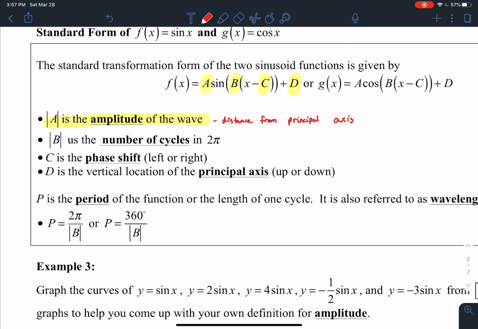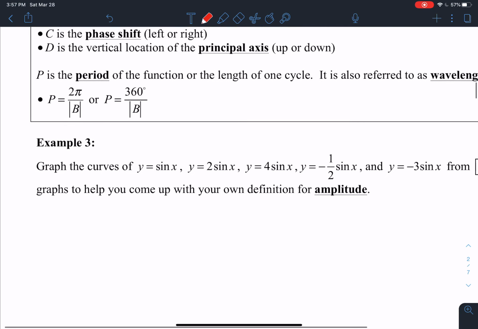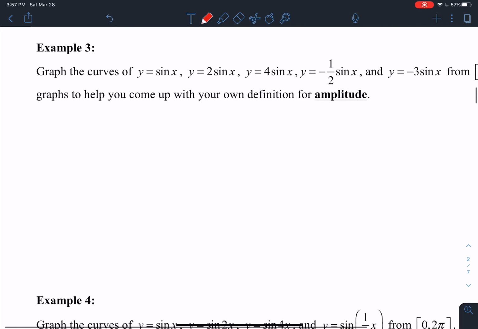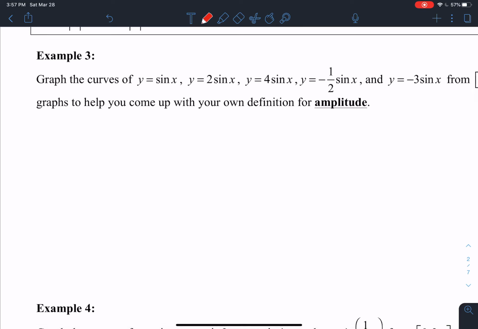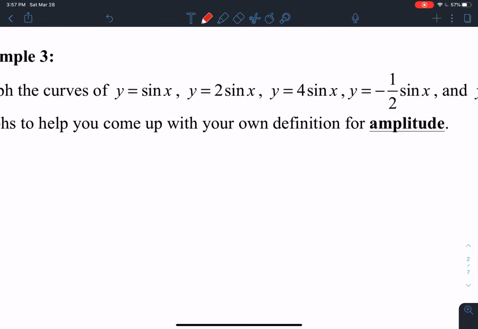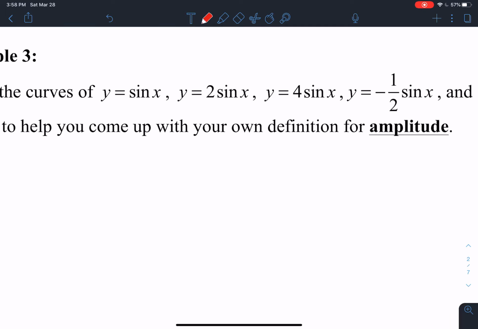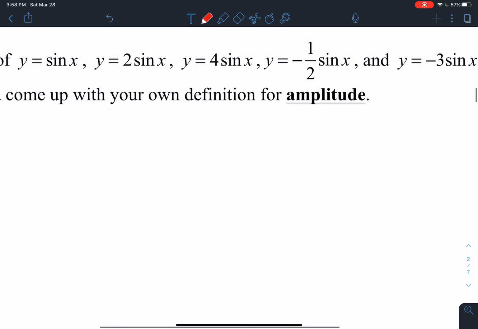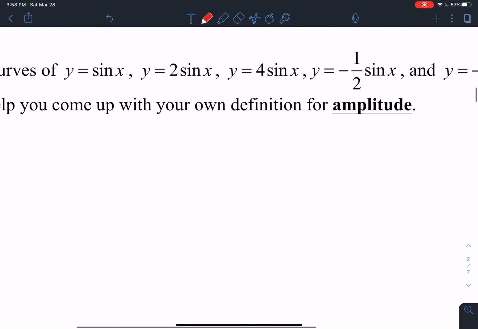Now I'm going to jump down to number 3, and I'm going to put these in on Desmos so you can see what I'm talking about. You have sine of x, 2 sine of x, 4 sine of x, half sine of x. For each of these, our amplitude is going to be a little bit different.